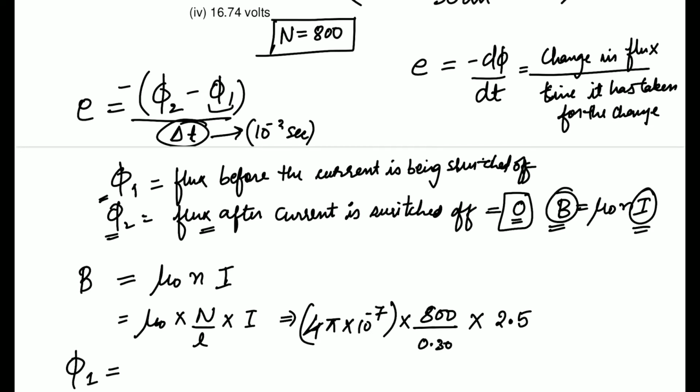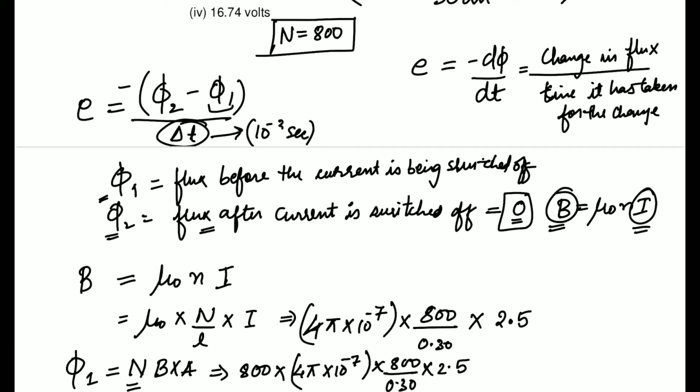The initial flux is given as the number of turns multiplied by B multiplied by the area, and because there are N number of turns, you multiply with N. So N is 800, multiplied by the magnetic field, 4 pi into 10 to the power minus 7 multiplied by 800 divided by 0.30 into 2.5, then multiply it with the area.